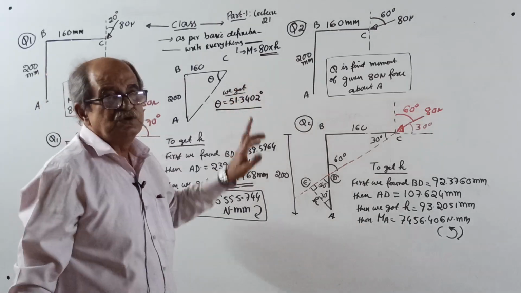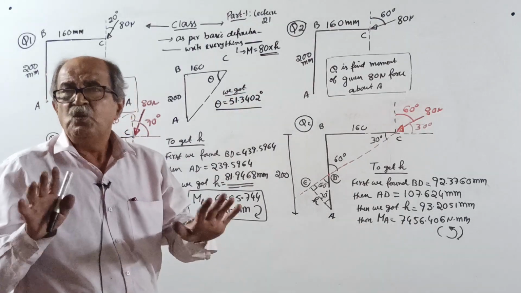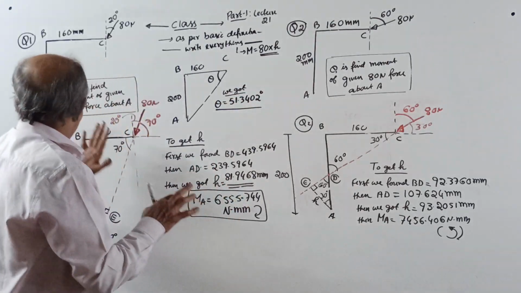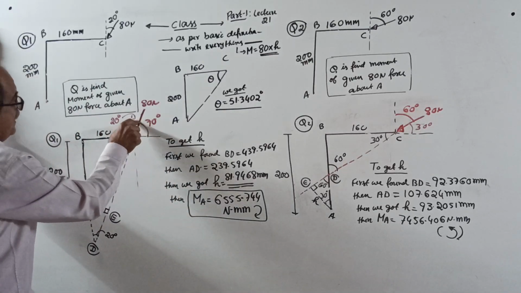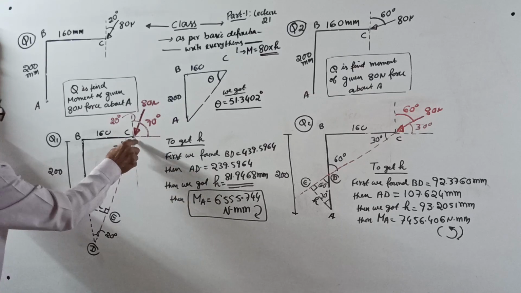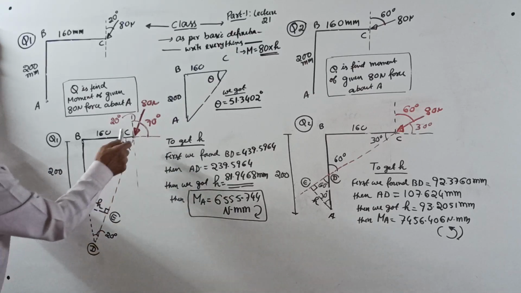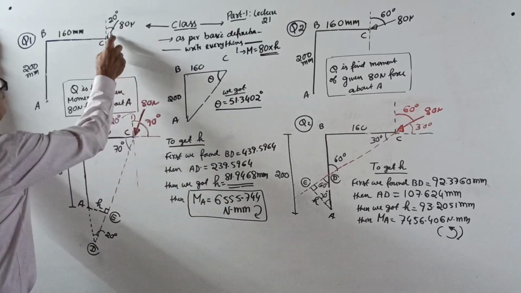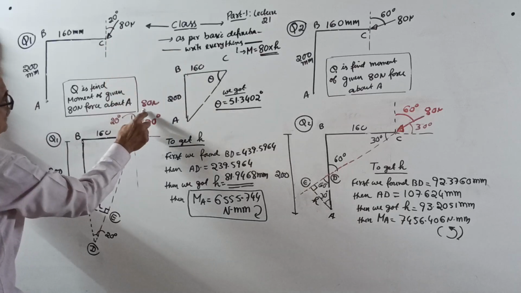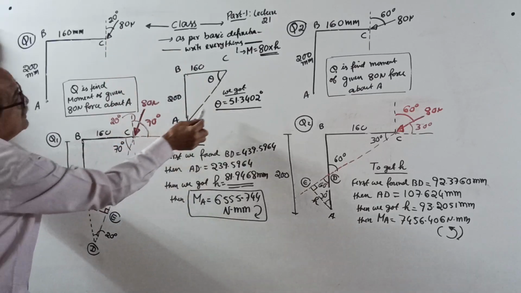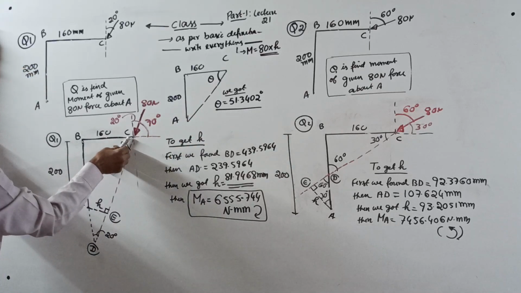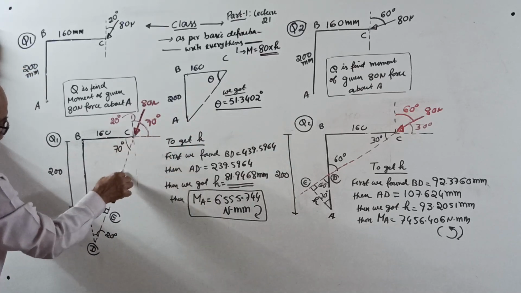Already this question is solved. Last time, question 1: 70 degrees, 20 degrees. He extended the line because this angle is 20, this is 70 degrees. C to A is making 51 degrees, so it will come this way, 70.